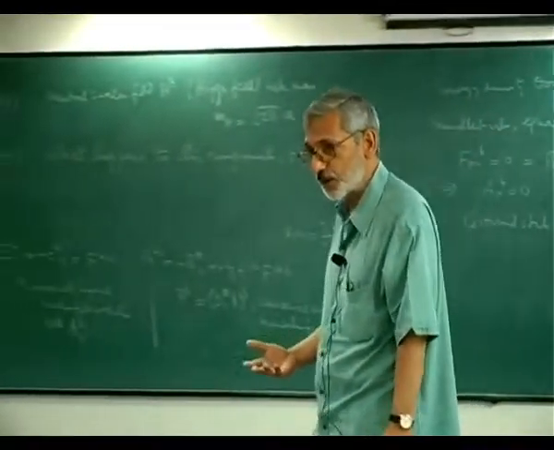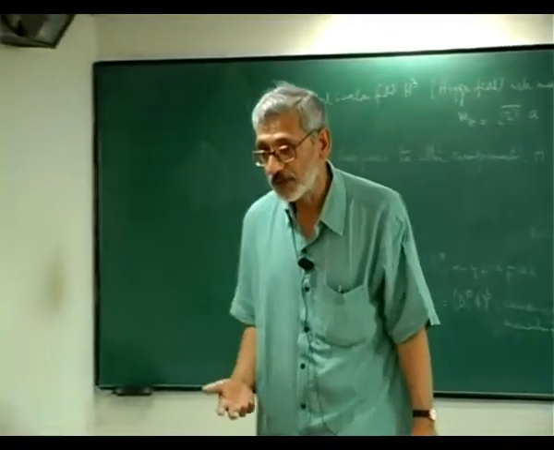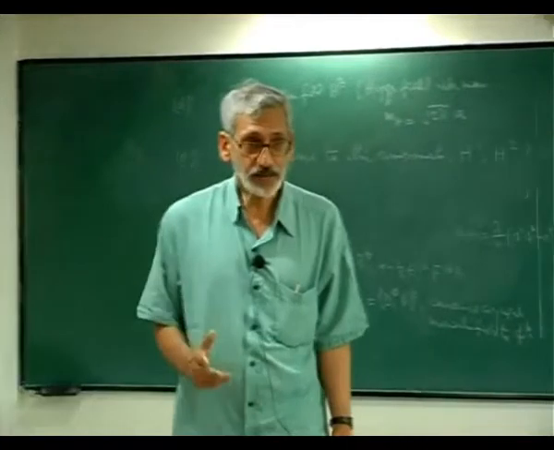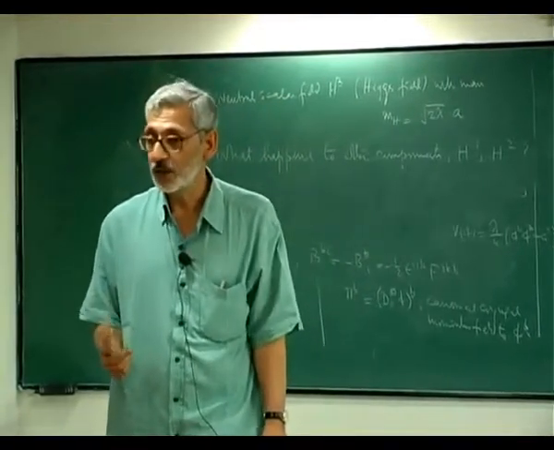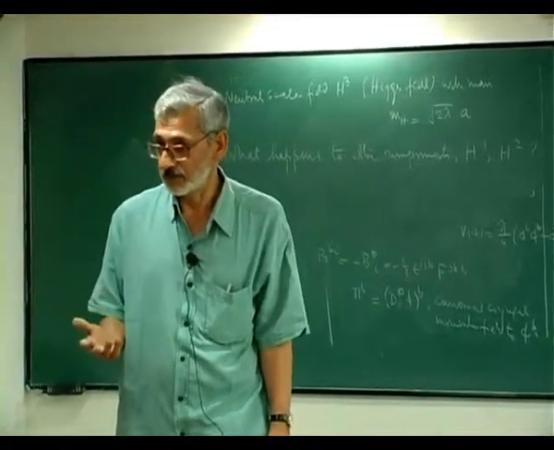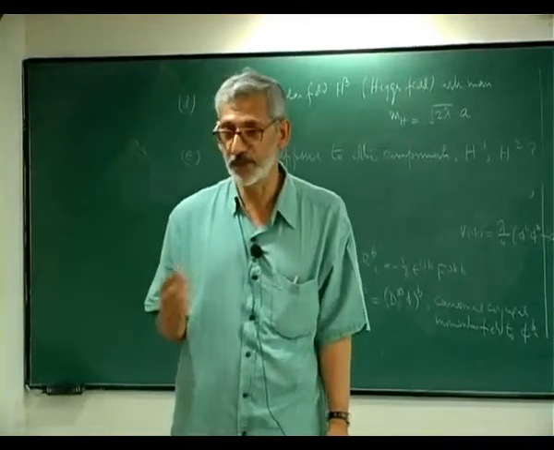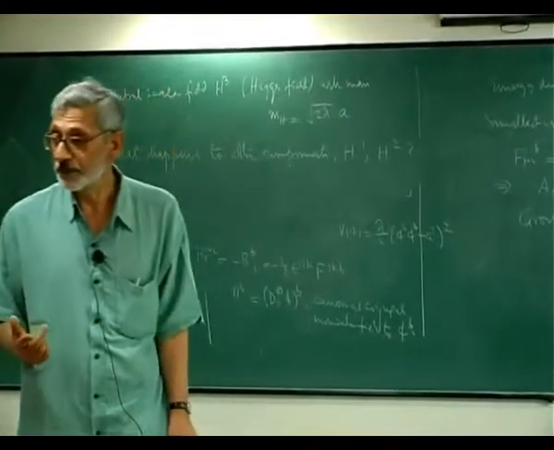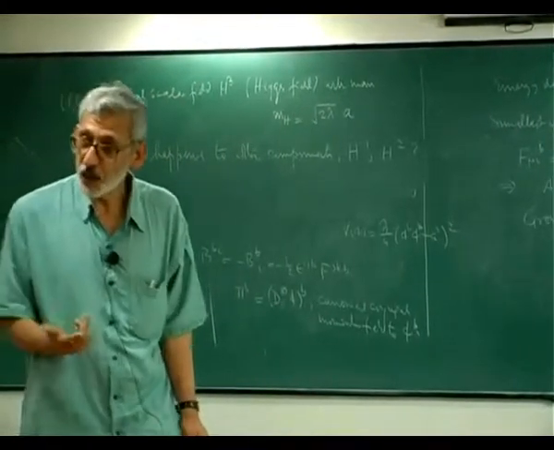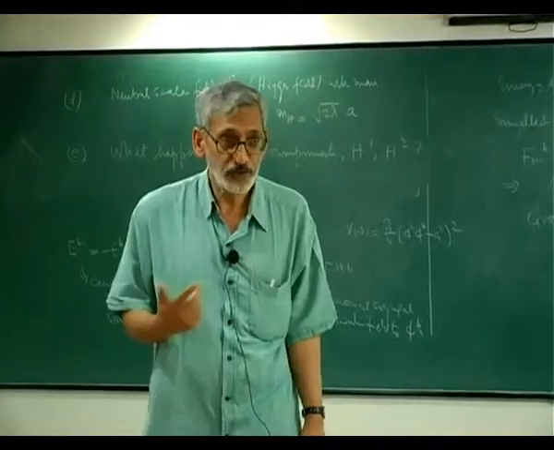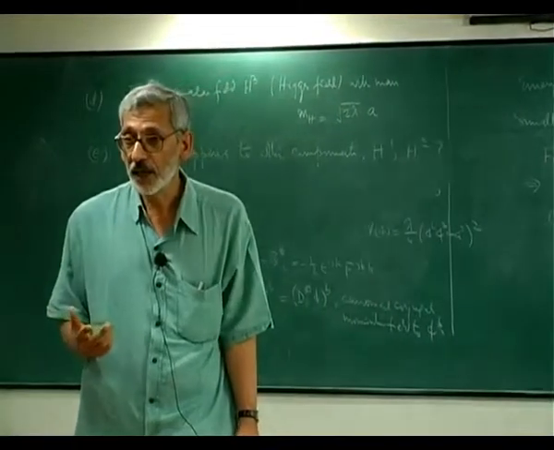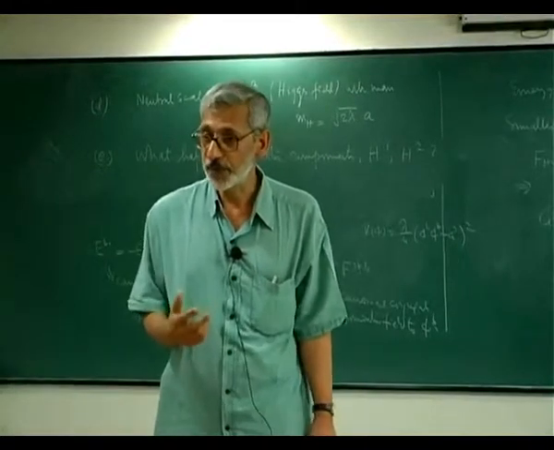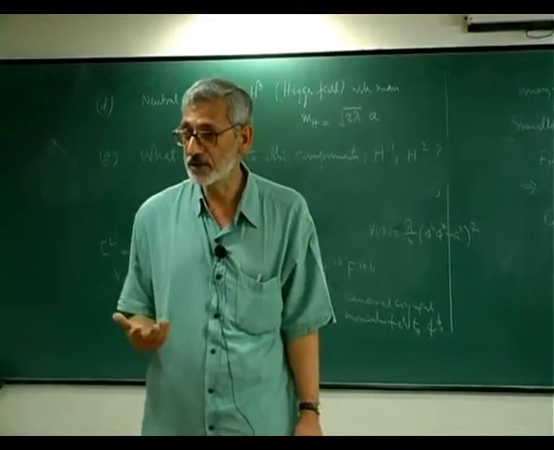Vector fields which don't have mass, like photon, have only transverse degrees of freedom. Massless vector fields have only two independent components, two different degrees of freedom. But a massive vector field, vector under the Lorentz transformations, has three independent degrees of freedom. Two of them transverse, and the third one longitudinal.